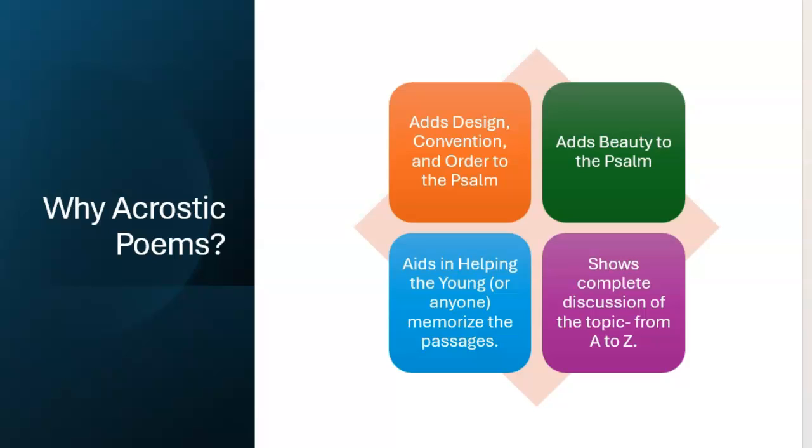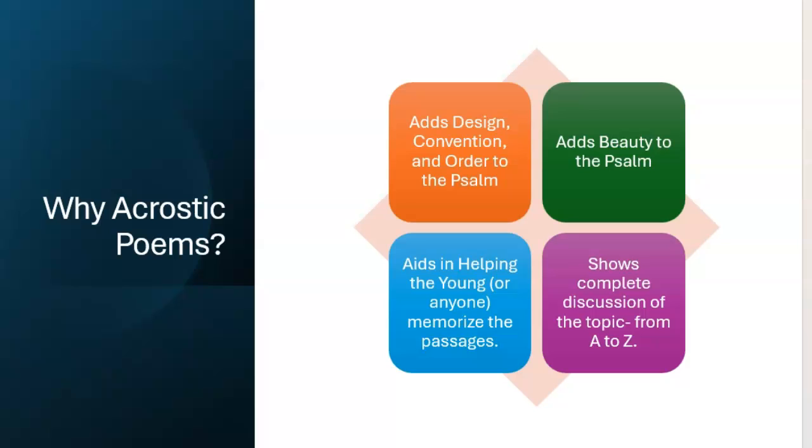And it's just designed to be the structure in which the poet will pour his ideas into that structure. It makes the psalm even more beautiful when it's structured, and then you see that the author is using that structure to create something good. So it gives some order and design to the psalm.